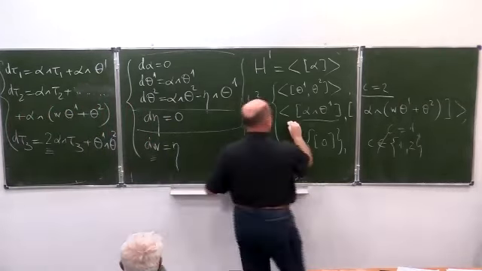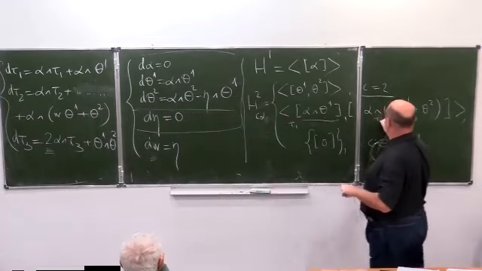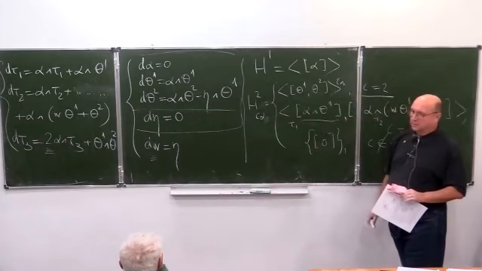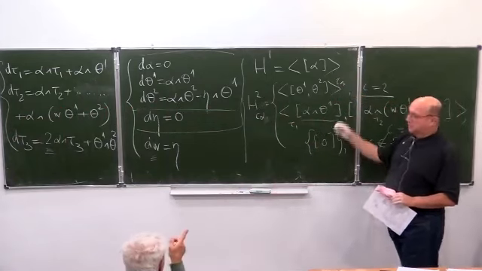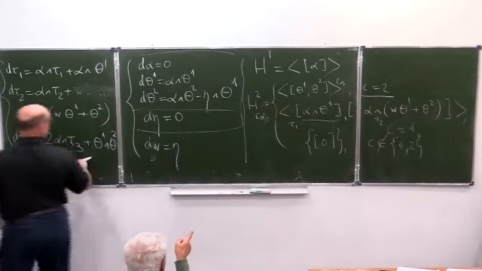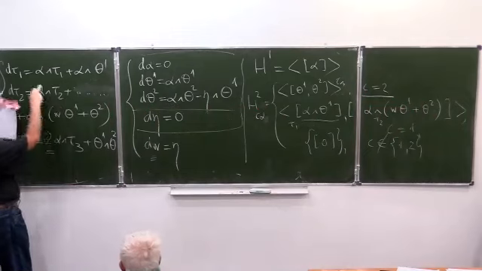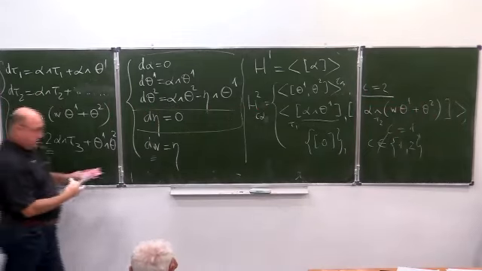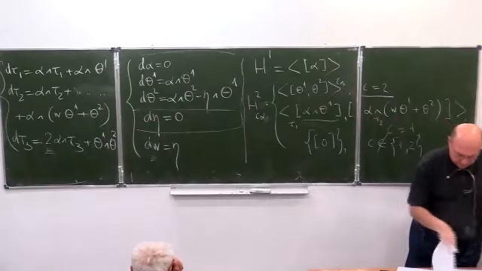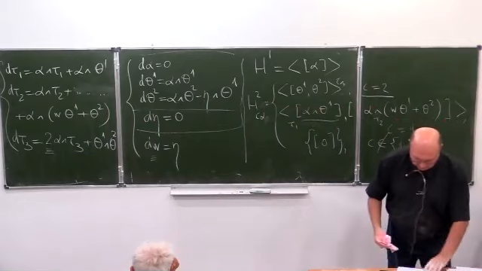This cycle defines tau 1, this cycle defines tau 2, and this defines tau 3. So this cohomology group defines a 3-dimensional twisted extension of our Lie algebra.